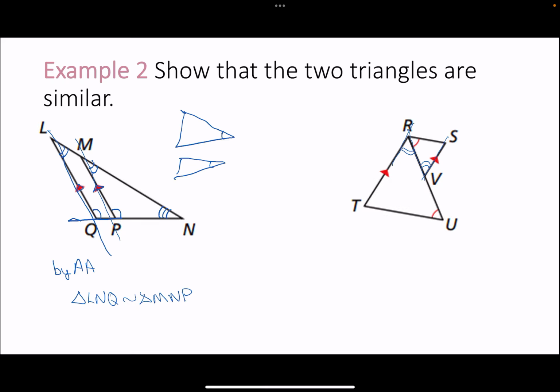So since SVR is congruent to URT, we have two pairs of angles. So by angle-angle similarity, we have triangle RUT similar to triangle, if I started with R, I have to start with V, so VRS.